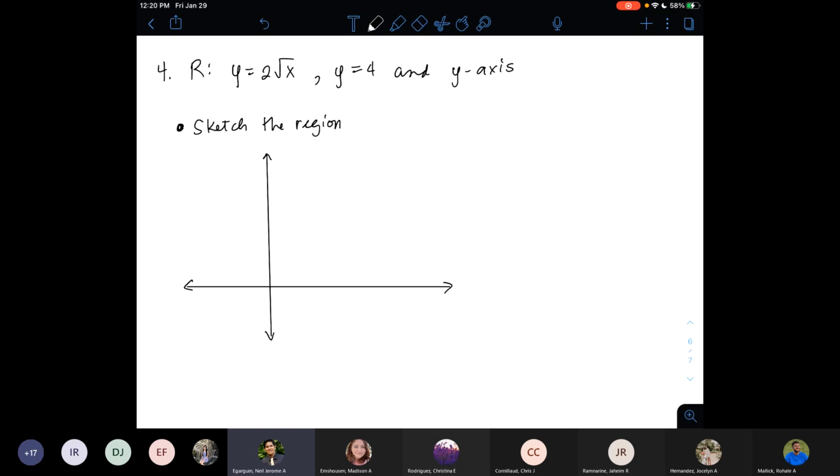So here I'll start with y equals 2 root x. I know that this is a semi-parabola opening to the right. So when x is equal to 0, y is 0. And when x is equal to 4, then y is equal to 4.